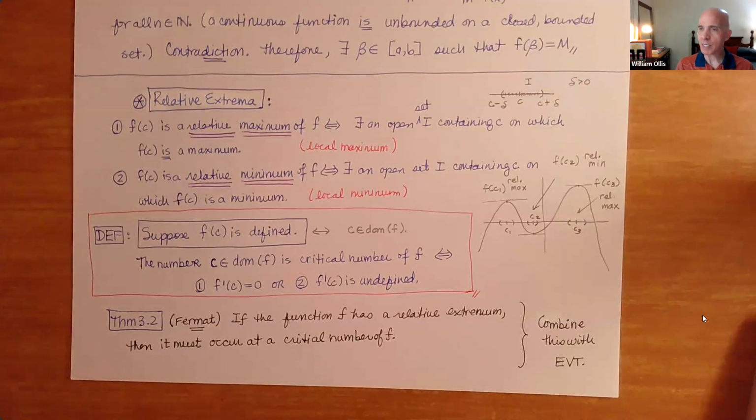So with EVT and Fermat, we can find for a closed bounded set the maximum and the minimum. And you might be thinking, well, the maximum could occur on the interior, or it could occur at an endpoint. The minimum could occur on the interior or at an endpoint. So this is a very powerful tool.